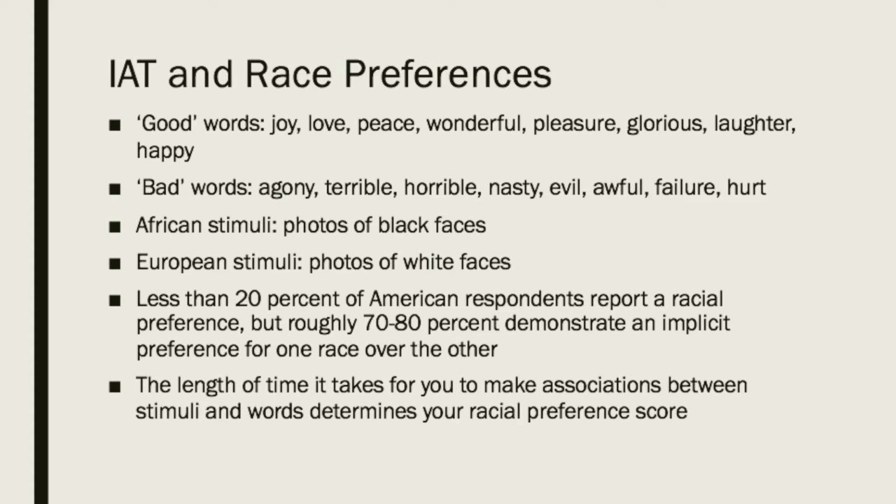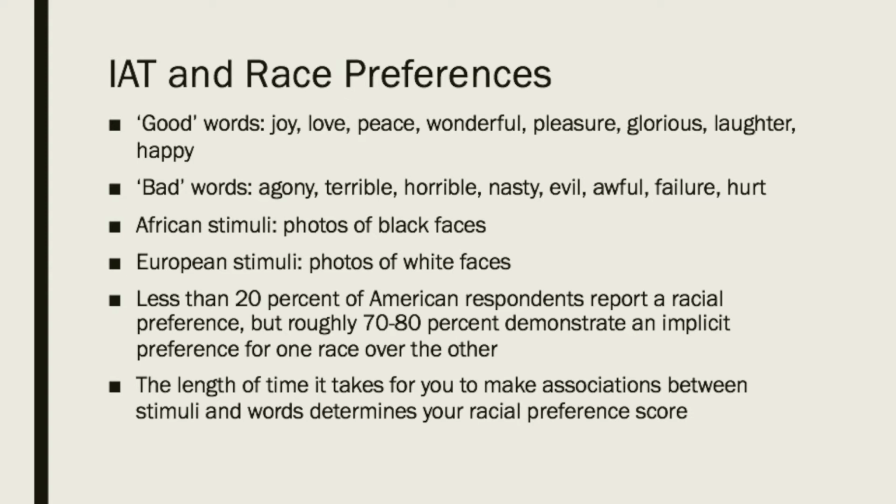In this test, you will be presented with a series of visual stimuli consisting of photographs of black and white faces, and also a series of words with positive and negative valences.